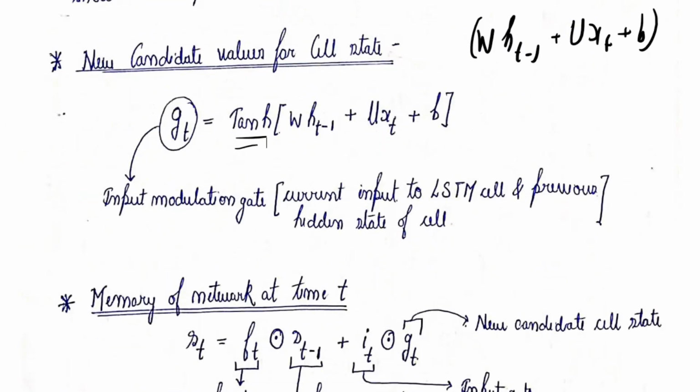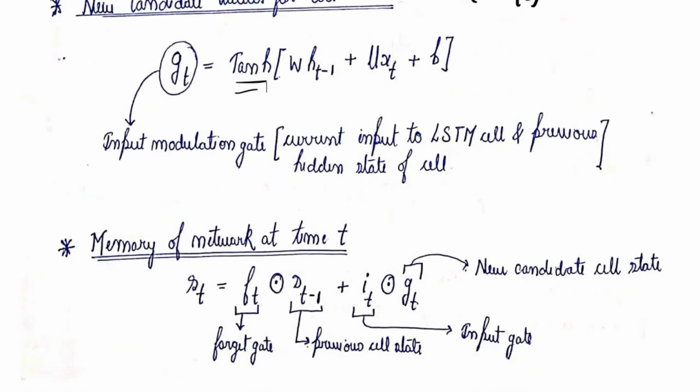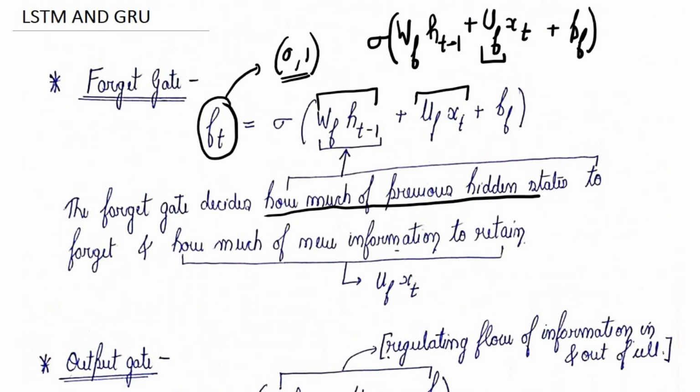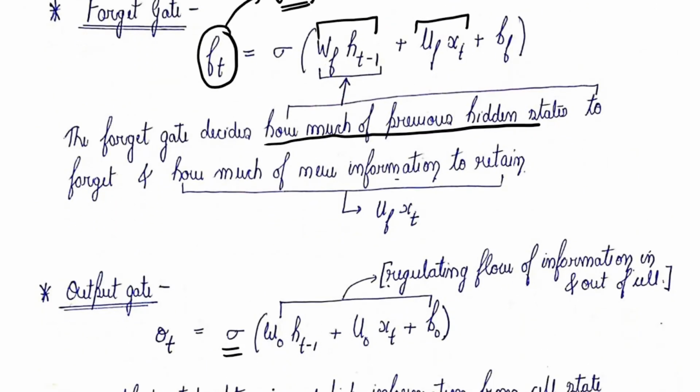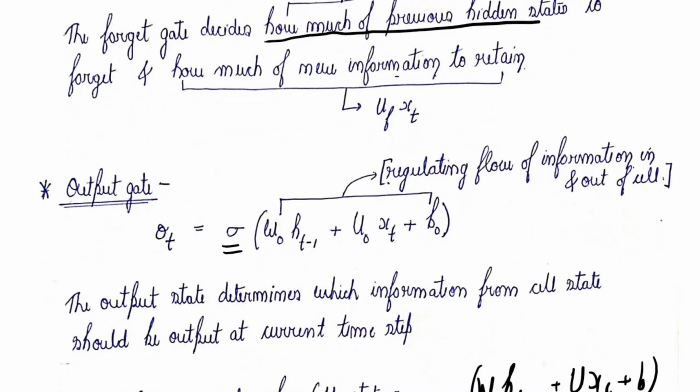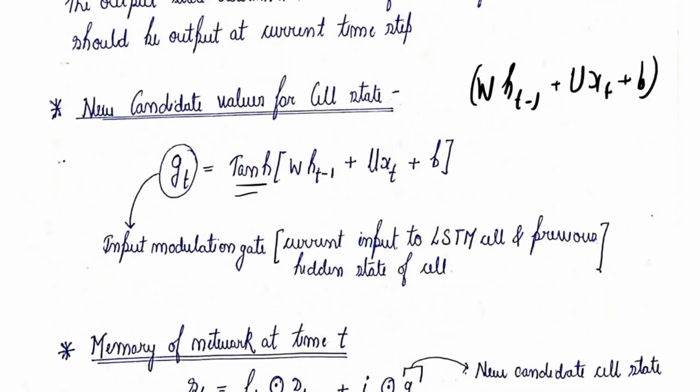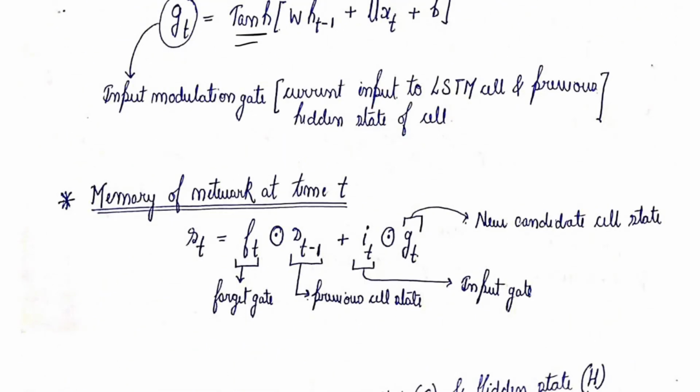And then we proceed further to say how exactly we are going to put forward the memory network at time t. So we talked about the forget gate which we are presenting over here. We talked about the output gate which we are writing over here. There is definitely an input gate as well, which is going to take the same form as we have taken previously.